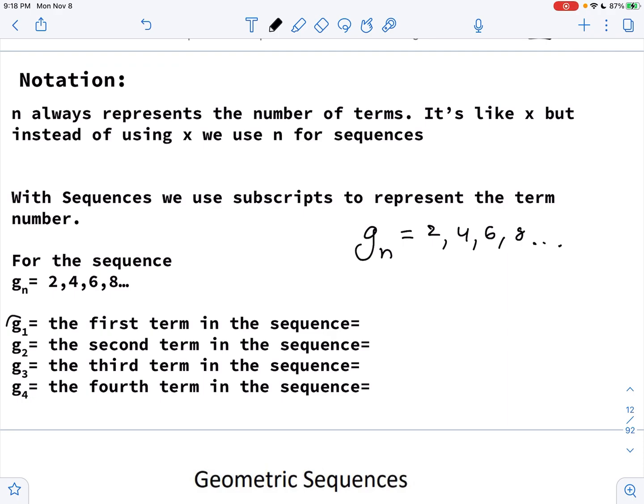So what would be the first term? It would be 2. g of 2 is the second term. Well, the second term's right there, it's 4. g of 3 means the third term, which is 6, and g of 4 would be the fourth term, which is 8. So we use these little subscripts to specify the term, and this n here is like a placeholder. It's like whatever term you want can go there. Okay?